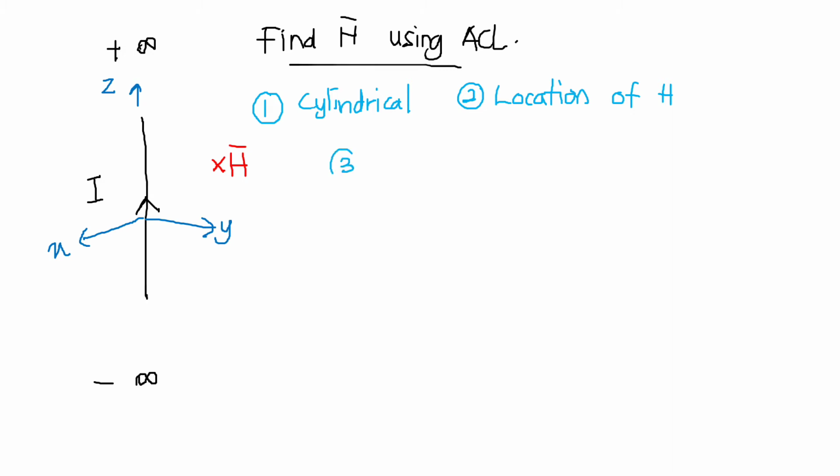Okay, now we go to the third step. The third step of ACL is we need to build the Amperian loop. If you recall, in Gauss' law, we need to develop a Gaussian profile. But in ACL, we need to build the Amperian loop.